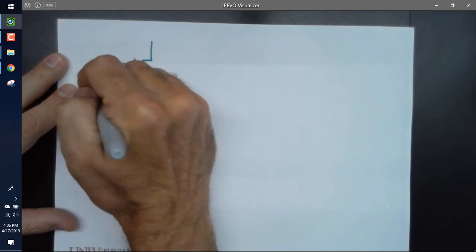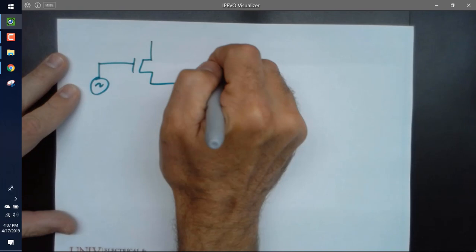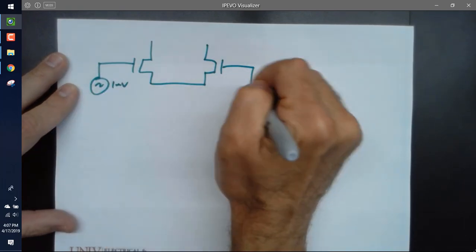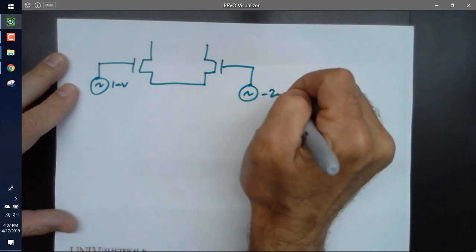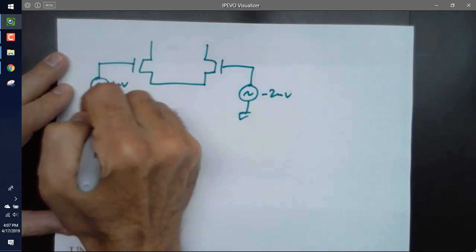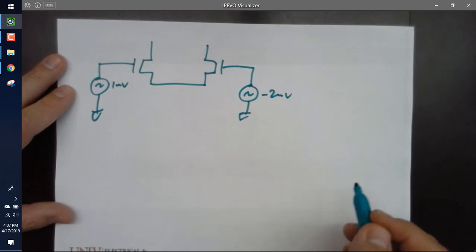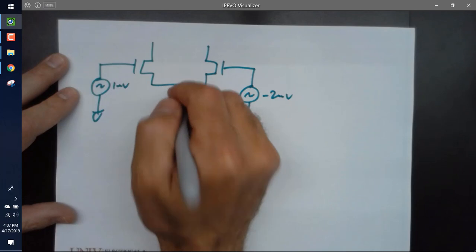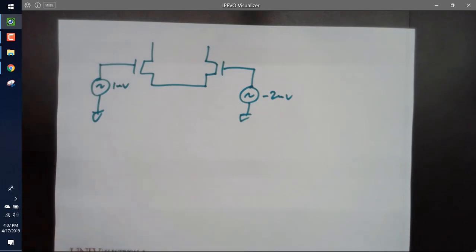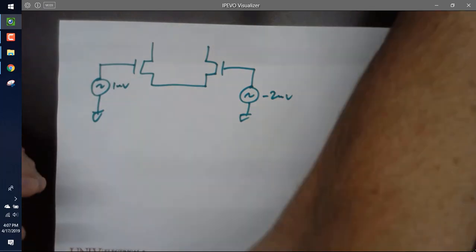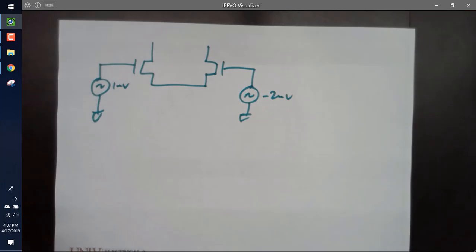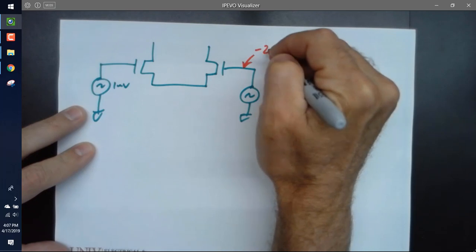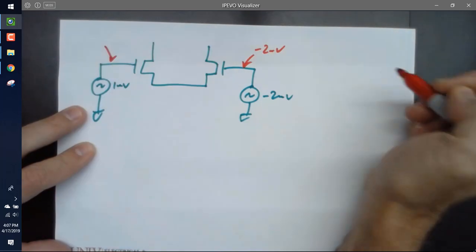Wait, what was this AC voltage here again? And this one was? I just picked values just so you could simulate and do hand calculations. All right, so stupid questions. What's this voltage here? What's this voltage here?